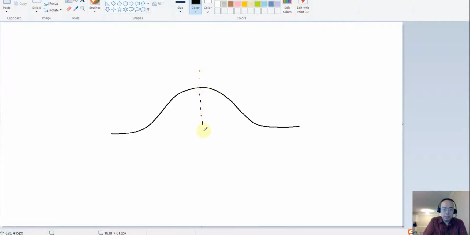The center is here. We can also draw a much skinnier Gaussian, like this. So how do we control how fat a Gaussian curve is? We can do everything the same except for how fat the curves are, and we control that by specifying gamma, which is a very important parameter in the Gaussian kernel.